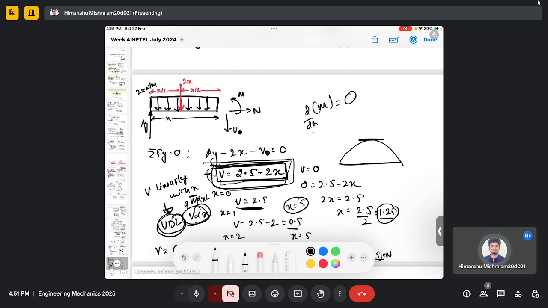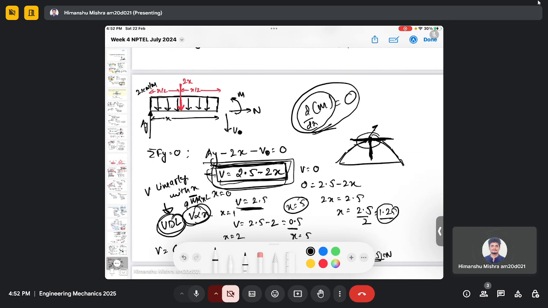So this differentiation will give you the slope at different x, and if the slope is zero, like here, it means the bending moment at this point will be maximum. This is the expression of slope of the bending moment curve, and if it is zero, then the tangent line should be 180 degrees, and when the slope is zero, at that point the bending moment is maximum. Got it? So you will be doing this for this problem, right?